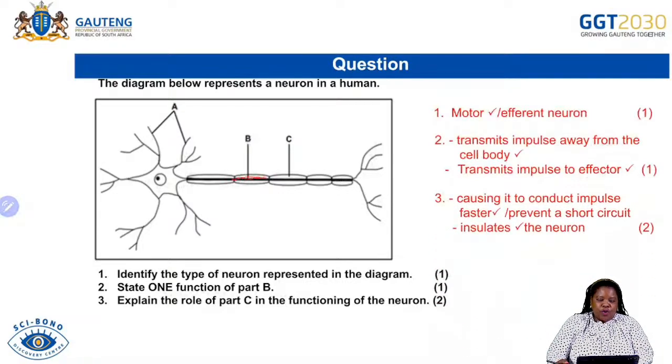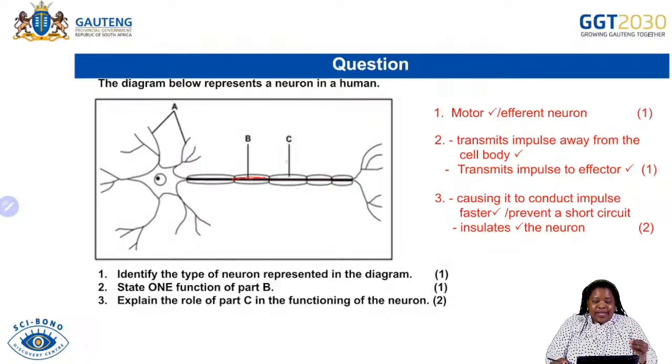Now, explain the role of part C. We spoke about the part that wraps around part B. B is the axon, and what wraps around it is C. Explain the role of part C in the functioning of the neuron for 2 marks. It causes it to conduct impulses faster. If the axon is not wrapped by a myelin sheath, are we expecting the impulse to be carried faster?